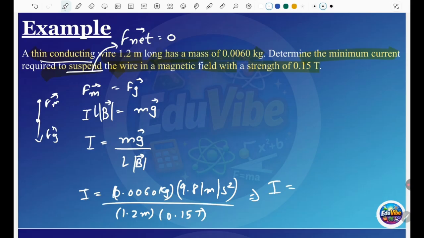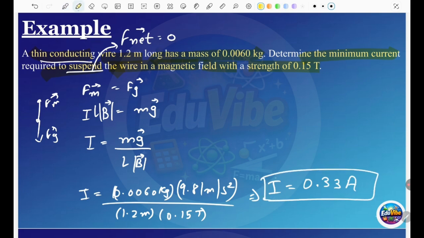When you calculate this, you get a current of about 0.33 amperes. That's how you can use this formula in relation to the gravitational force formula. The net force should be 0 if you use that relationship. If not, the net force is equal to Fm plus Fg.